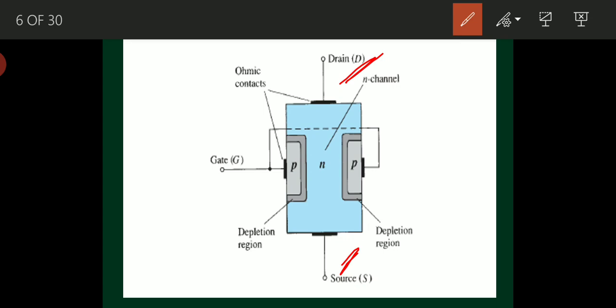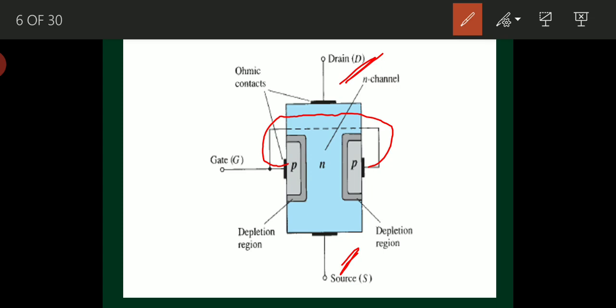Okay, the two P-type materials are connected together, it is the internal connection between these two. Okay, as I said, it is the longitudinal cut section of JFET, N-channel JFET, right?